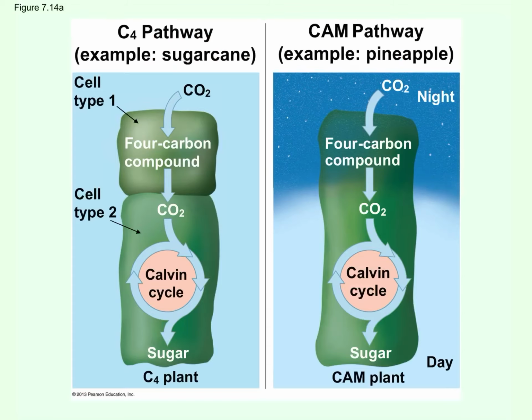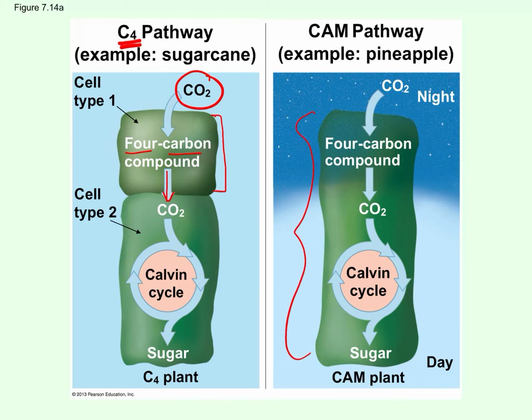So C4 will store the carbon dioxide as a 4-carbon compound, which is why it's called C4. Okay? And it just donates that to another cell. So there's a specialized cell that stores it, and then it will donate the carbon dioxide to run the Calvin cycle.